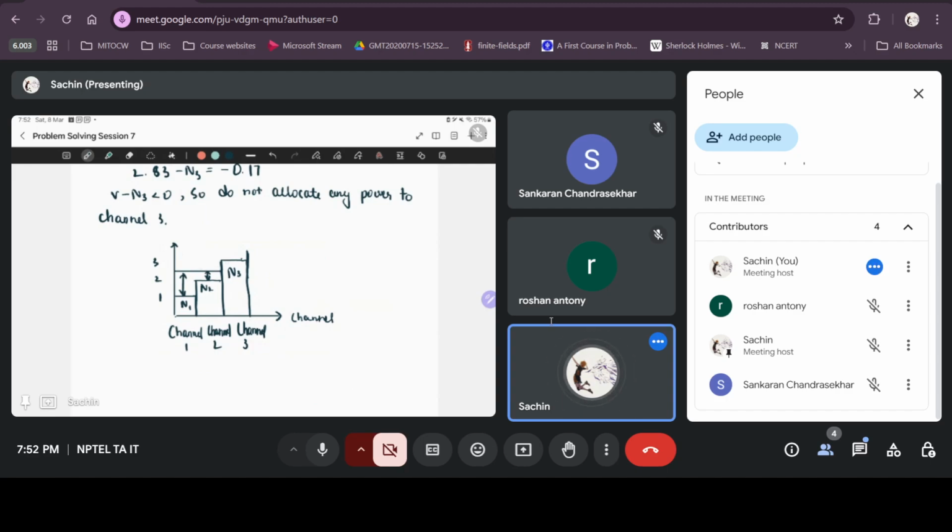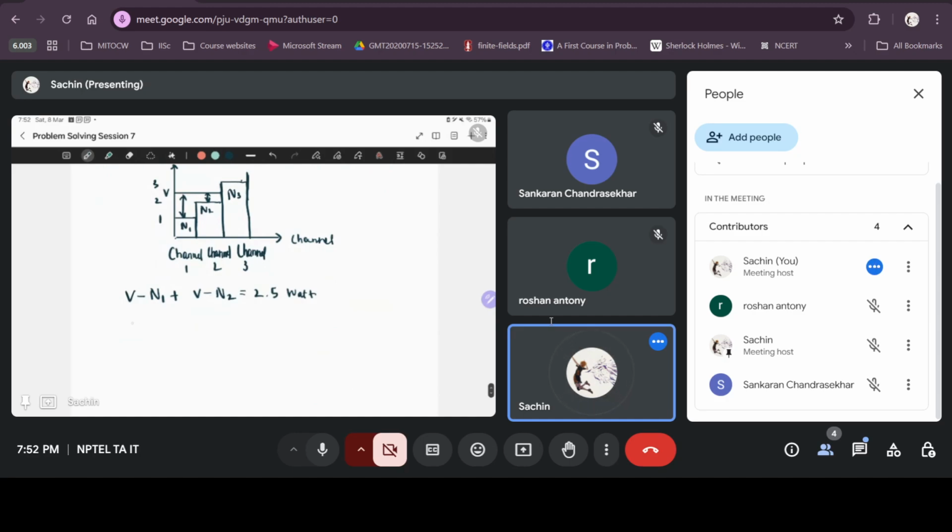Nothing is being allocated to channel 3. So this is your new V. Now again to satisfy the power constraint, V minus N1 plus V minus N2 should be equal to 2.5, which means V is (2.5 plus N1, which is 1, plus N2, which is 2) divided by 2, which is 3.75.